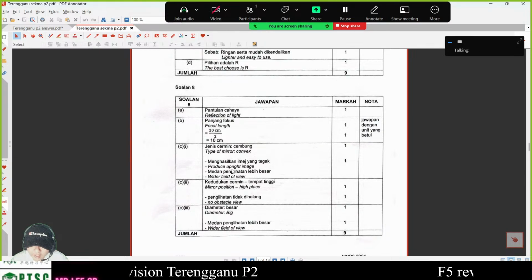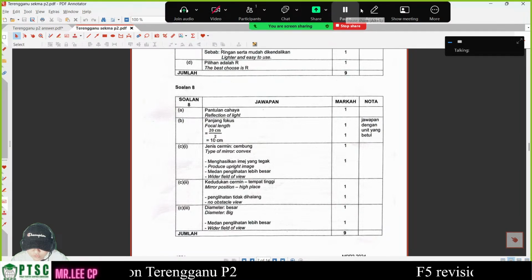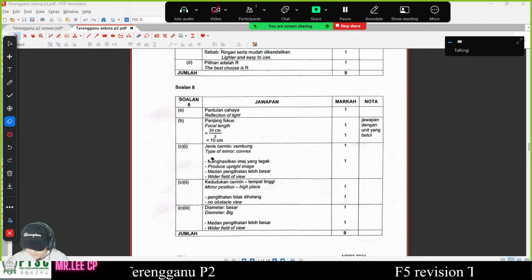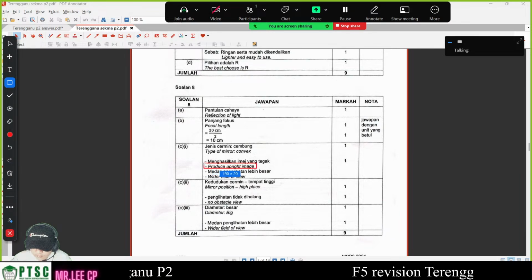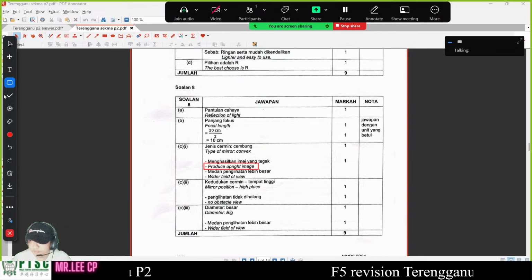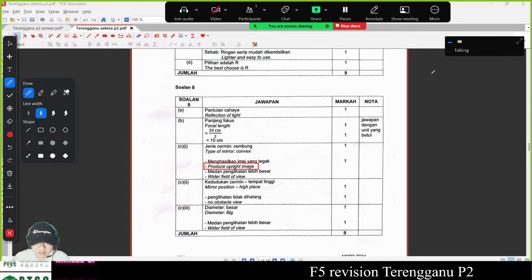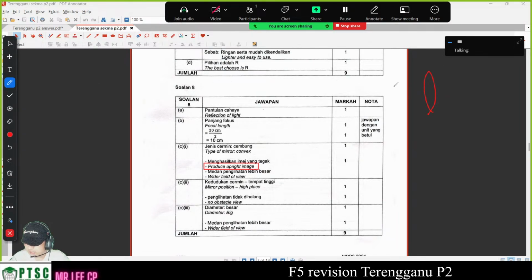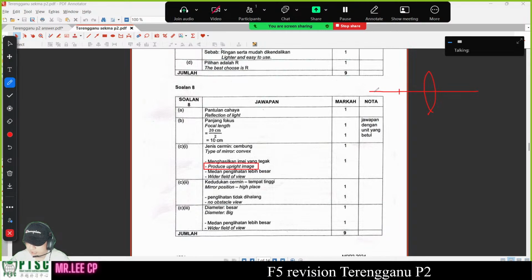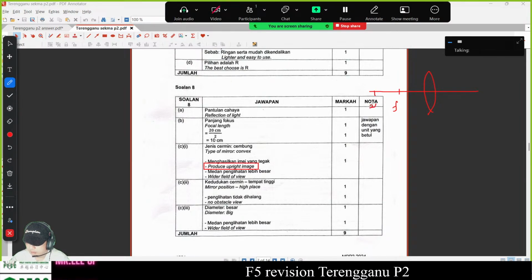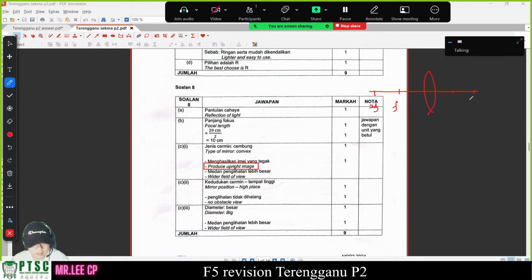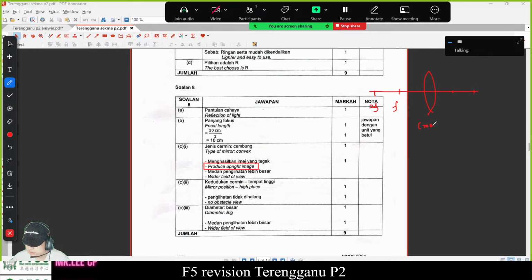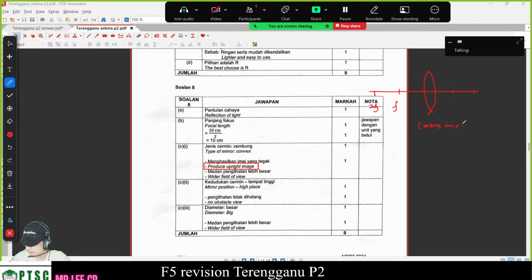Why are you saying that this one produces an upright image? Now I need to explain this one. It produces an upright image because this is a convex mirror.